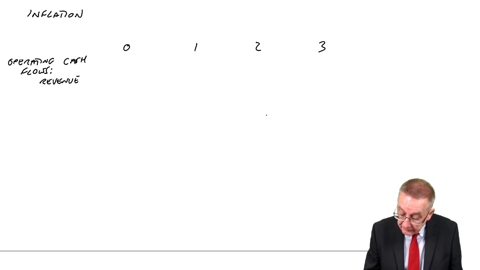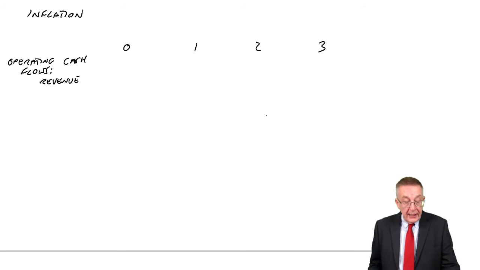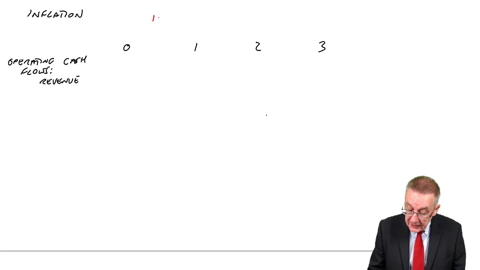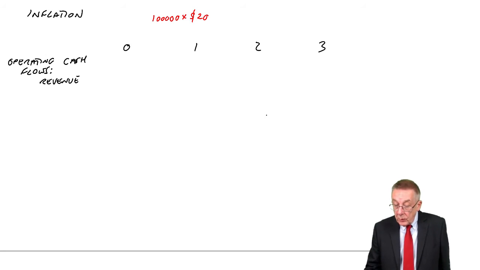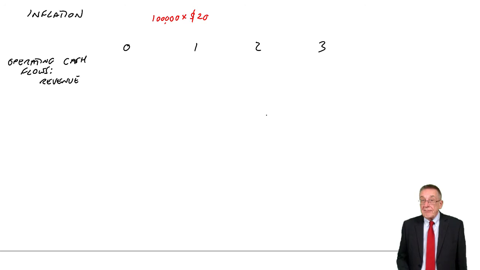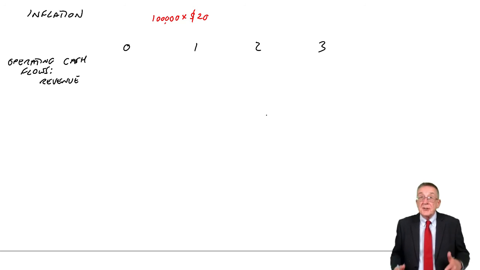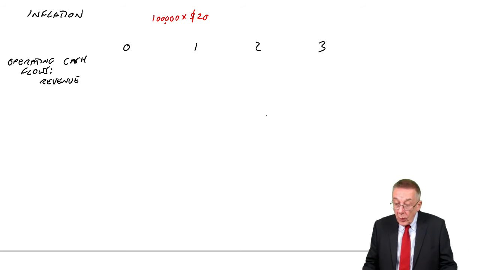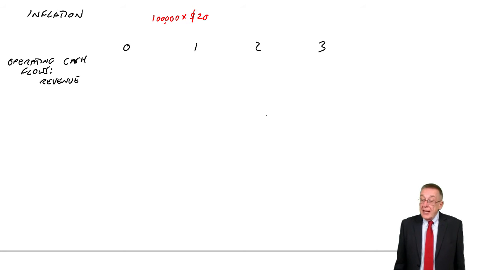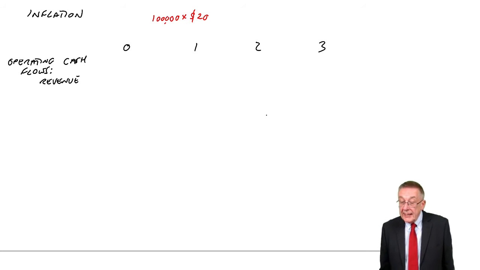So, no problem. In the first year, 100,000 units at $20 a unit is 2 million. And there's the cash we expect to receive at the end of the first year, at time 1. So at time 1, there's a cash inflow of 2 million.